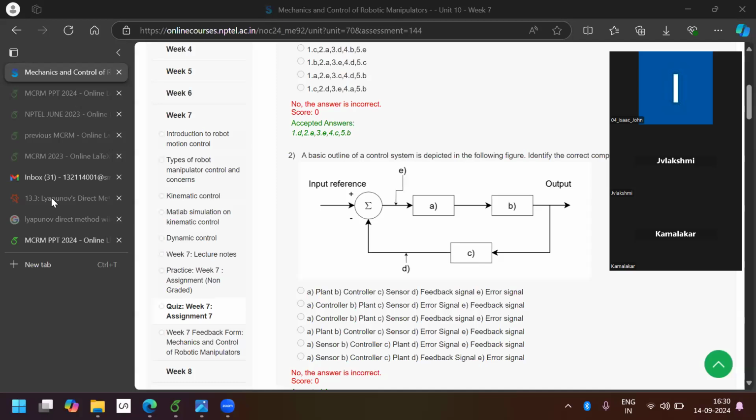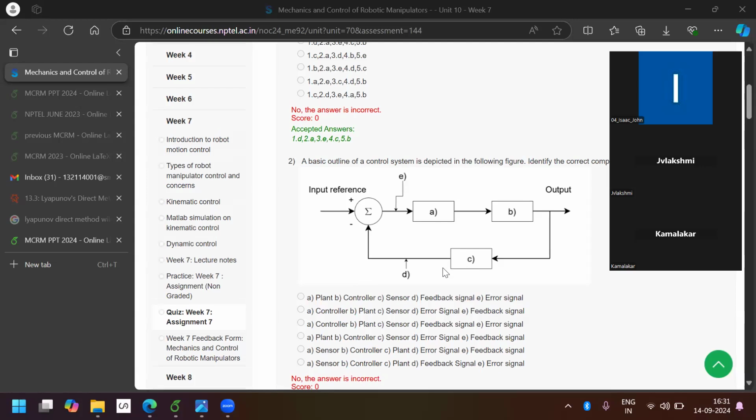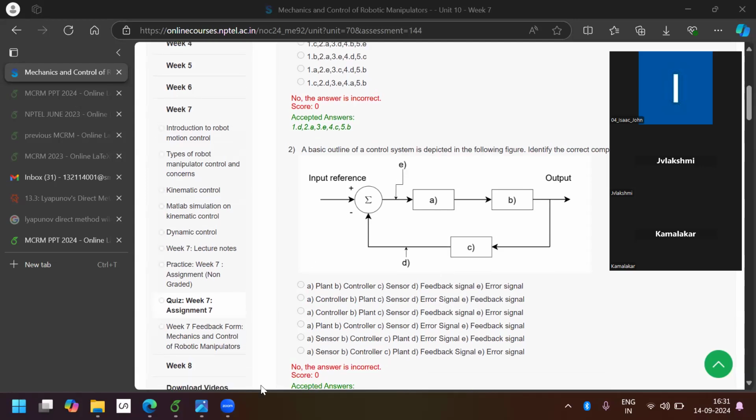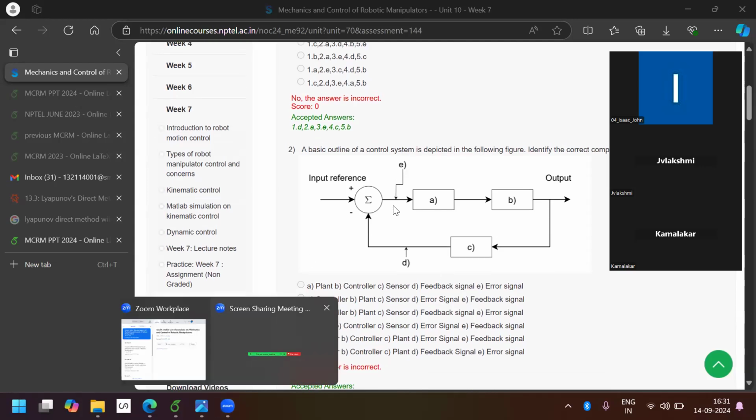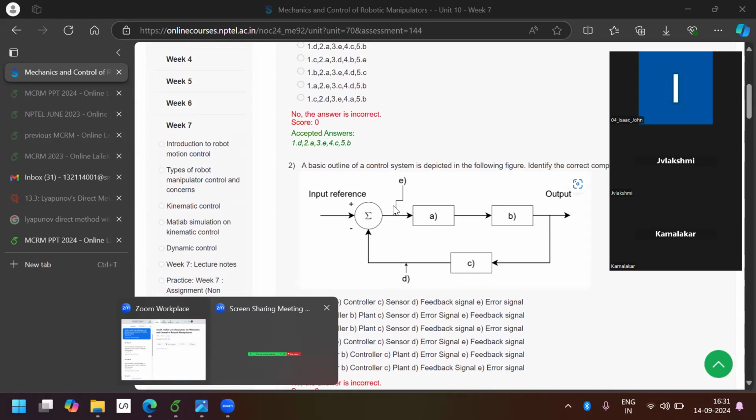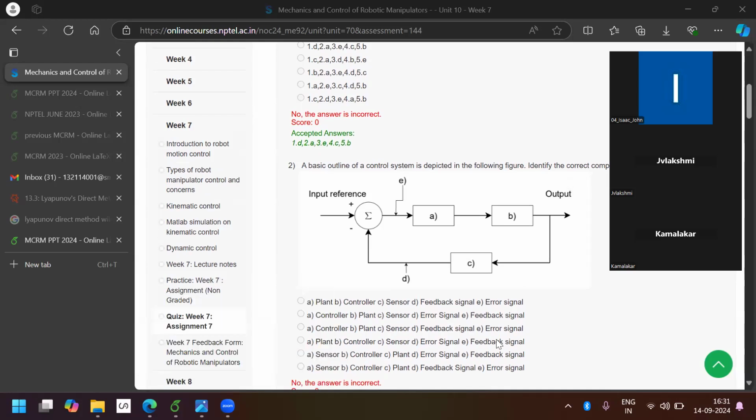Okay, sir. Can you see my screen now? Is it visible? Yes, sir, it's visible. So, question 2. What is the problem regarding that question? Not a problem, sir, we are just discussing that one more time.